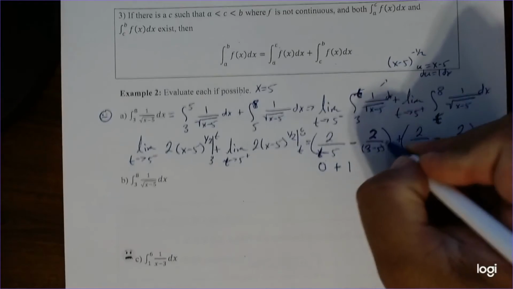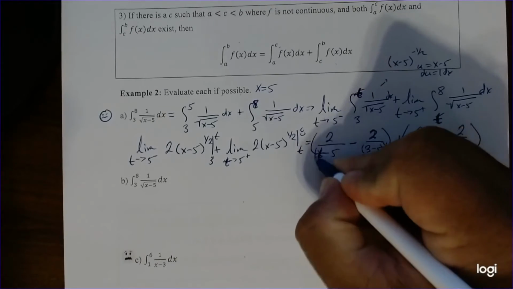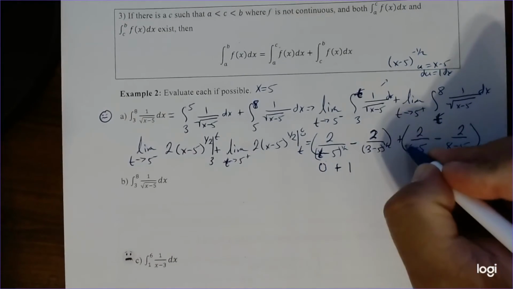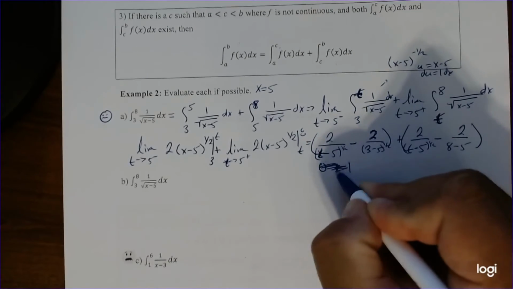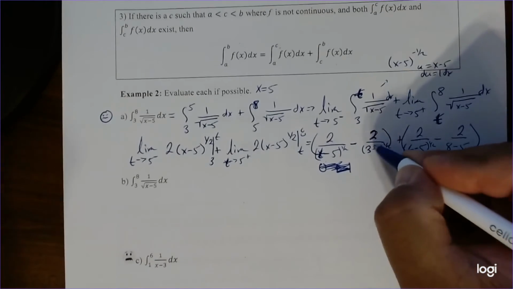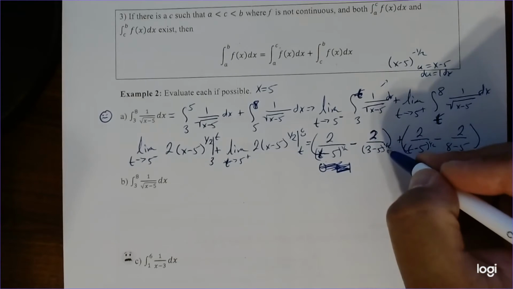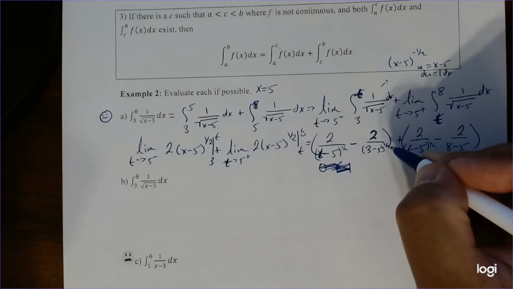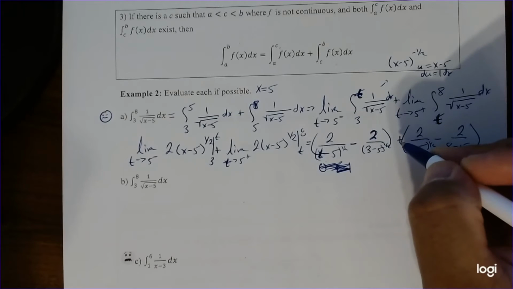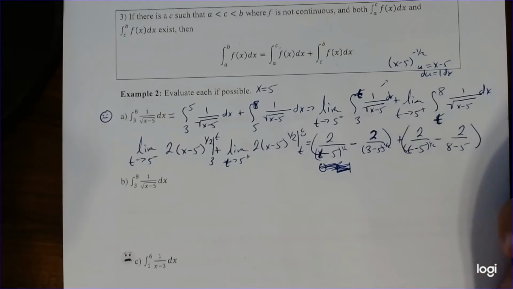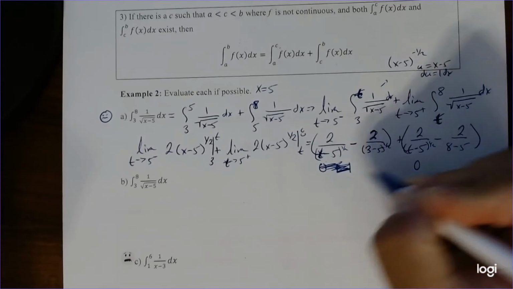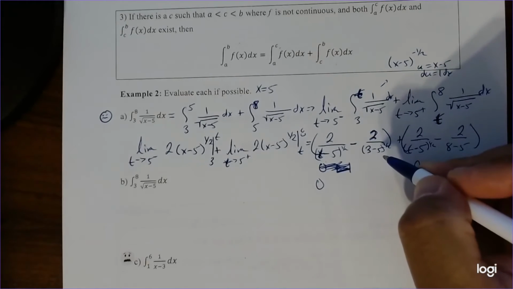Oh, so the 1/2, I forgot about that. That's why it goes to 0. So plug it in 2. 3 minus 2. Yep. This goes to 0. This goes to 0. Plug this in.